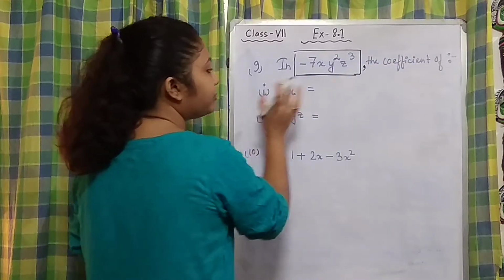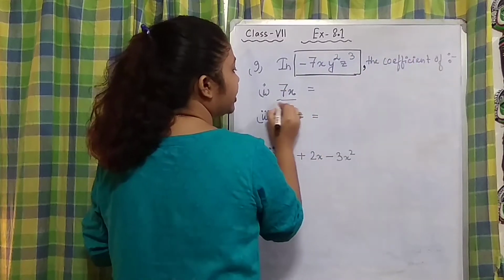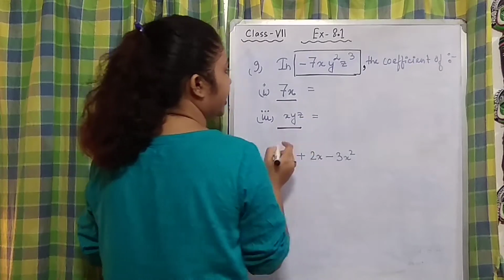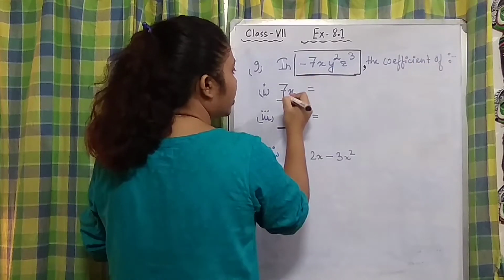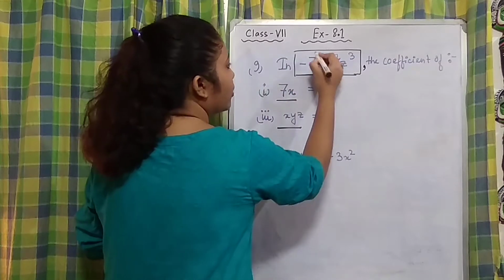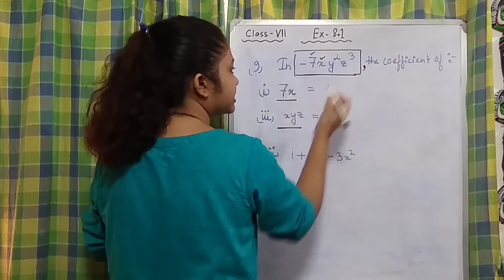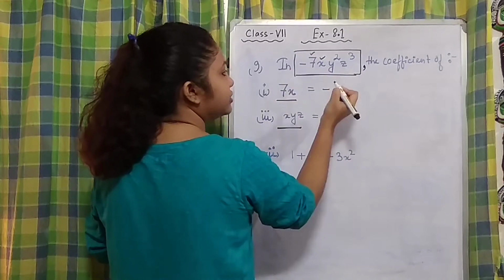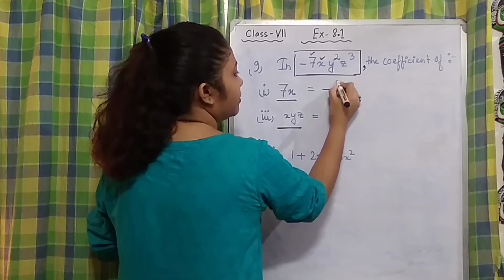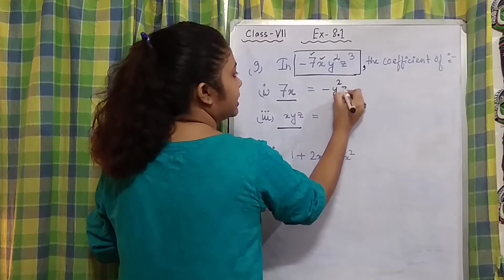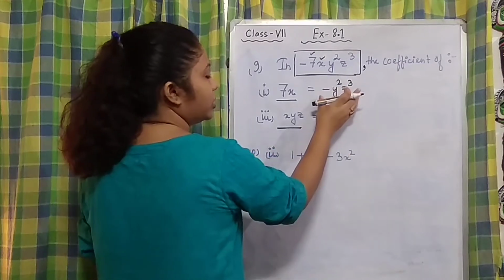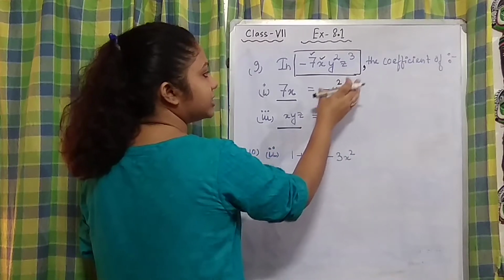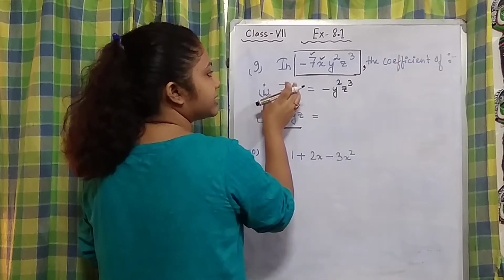Now we have to find the coefficient of certain required terms. First one is 7x. What is remaining with it? The sign is remaining, y square z cube. So minus y square z cube is the coefficient of 7x.